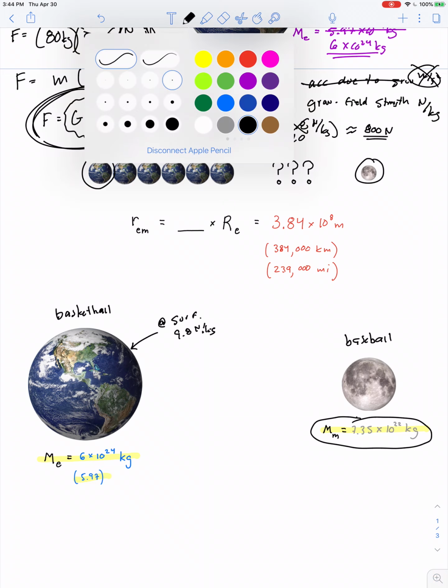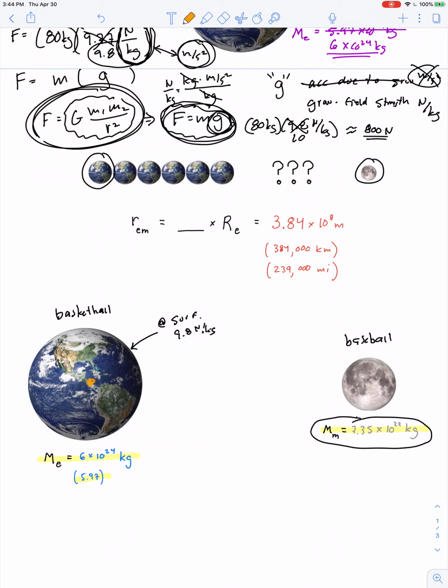At the surface of the Earth, the distance between any object and the center is 1 Earth radius.